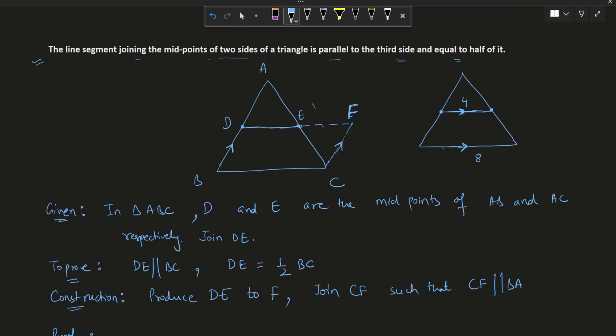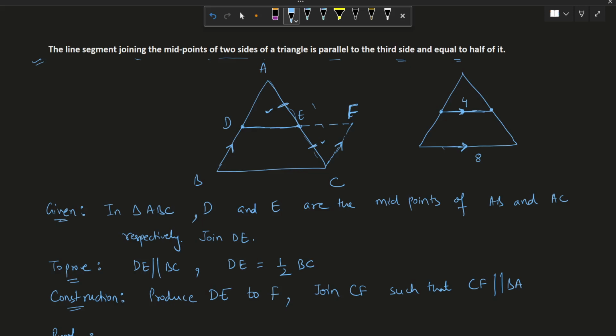Now the first step over here, I'll just tell you, is that we will prove these two triangles, triangle AED and triangle CEF, congruent. How can we prove them congruent? We can say that AE is equal to EC because E is the midpoint of AC.